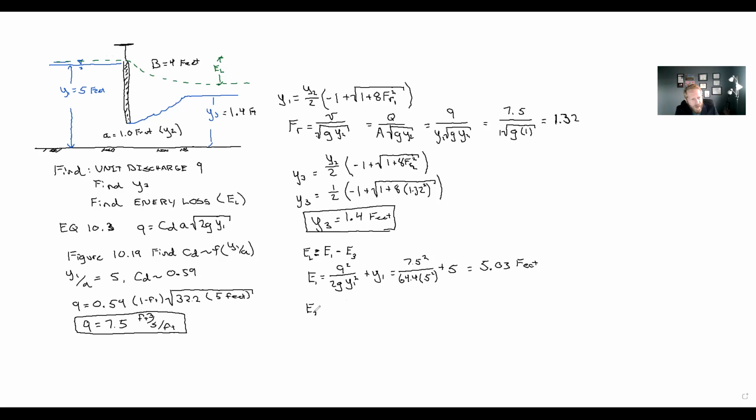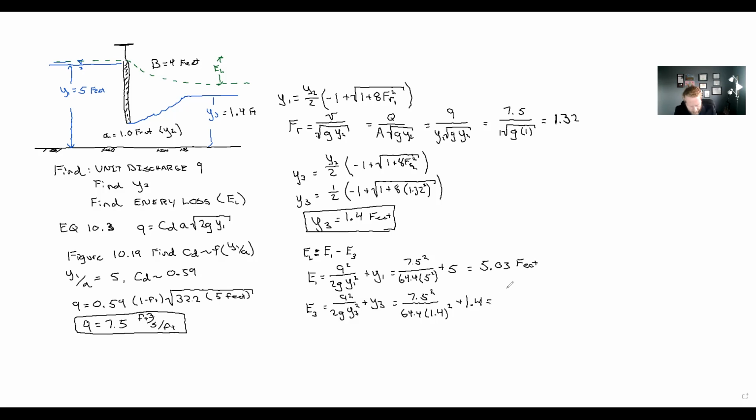And then our energy after we get through the gate and across our jump is equal to the unit discharge squared over 2g y3 squared plus y3. And we're assuming continuity, so our unit discharge at both locations is the same. It's steady flow. 7.5 squared over 64.4 times 1.4 squared plus 1.4.